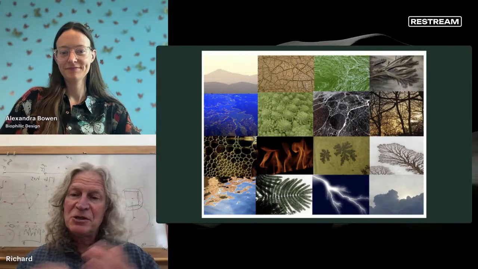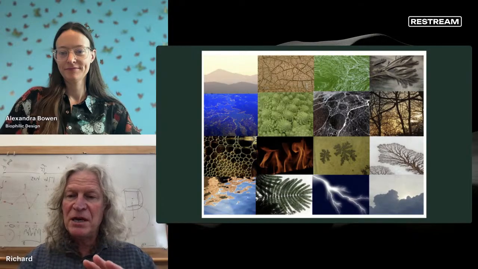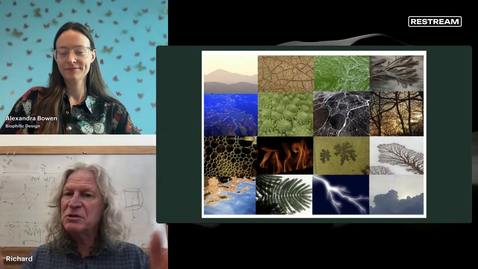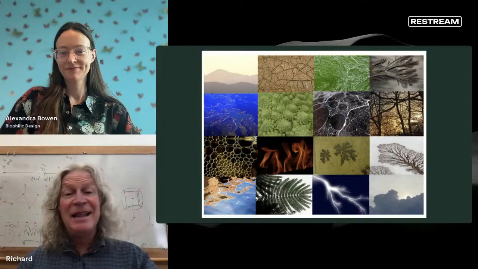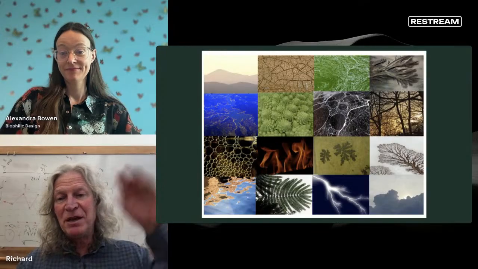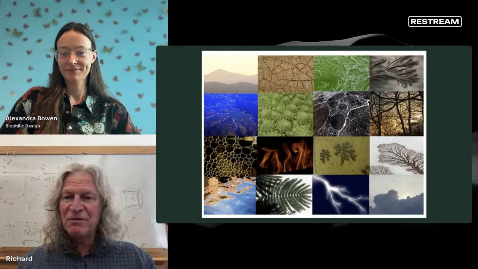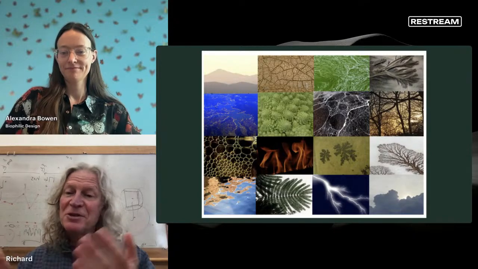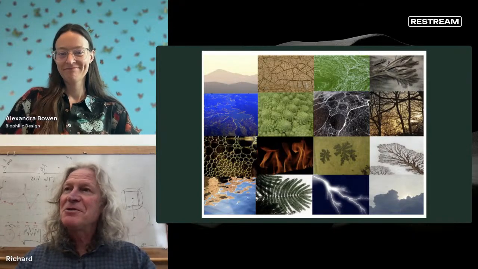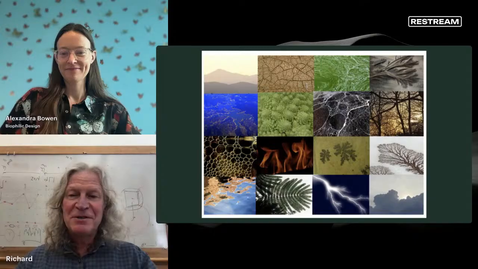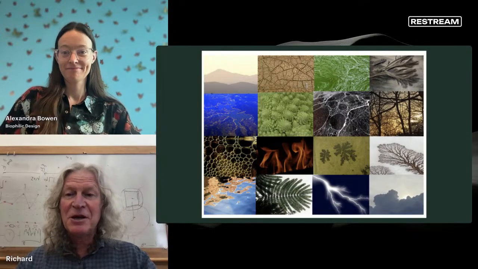Rivers are very similar to trees. You've got big channels, but smaller and smaller channels. Lightning is fractal, so you've got big forks, but smaller and smaller forks going off. The coastline is fractal. And so, like I said, it's called the fingerprint of nature because it's so prevalent.